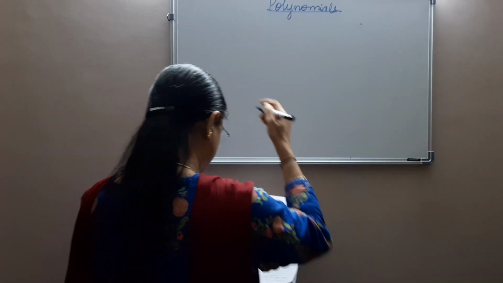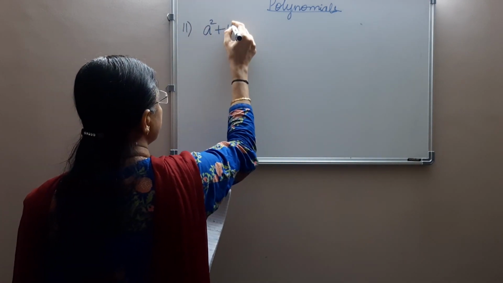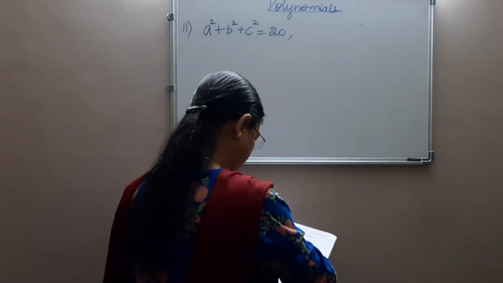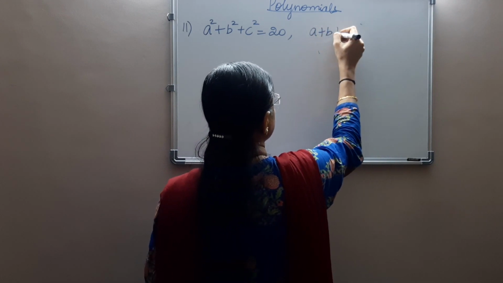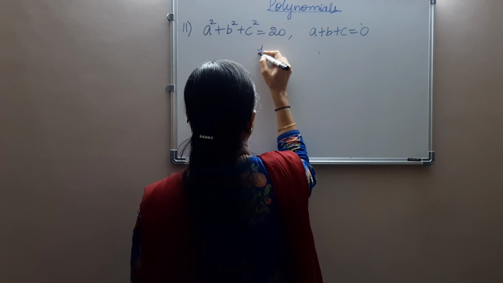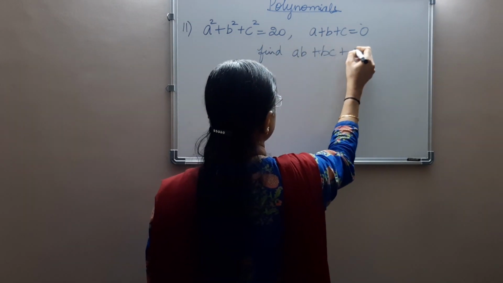Now the next one, the 11th one: you have a squared plus b squared plus c squared is equal to 20, and a plus b plus c is equal to 0. You should find ab plus bc plus ca.